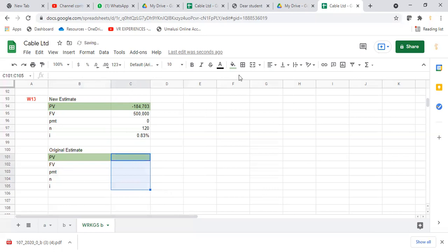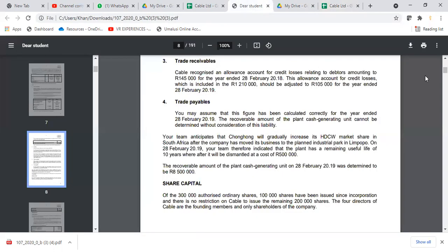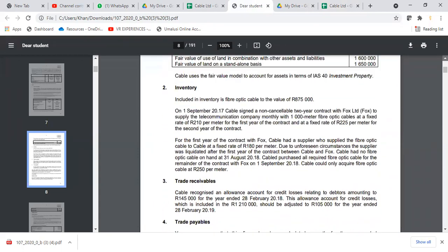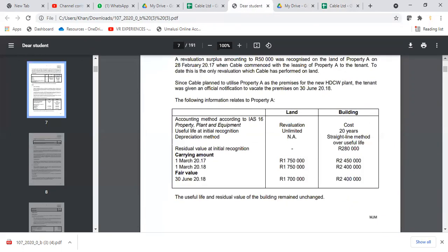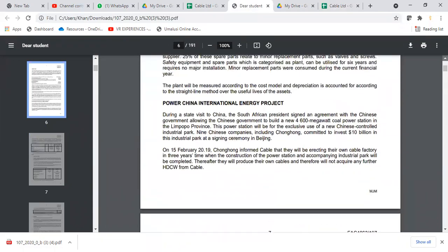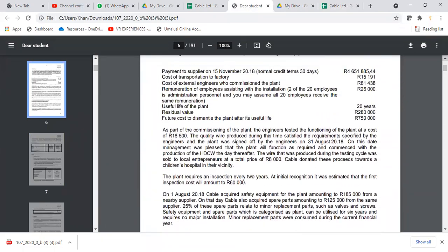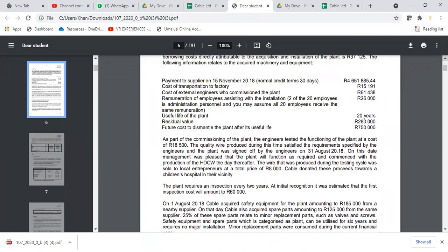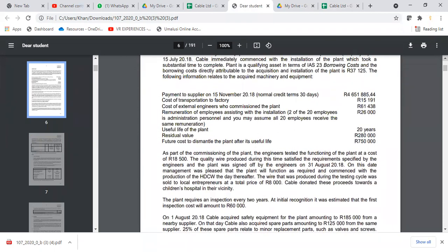I cannot remember what the information was, so we just go check. The original estimate was given to us, I think in HDWC. Yeah, so the original estimate was 750,000 Rand after 20 years.